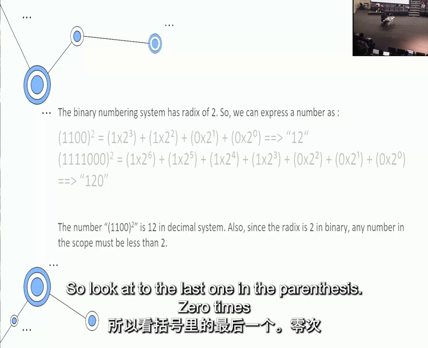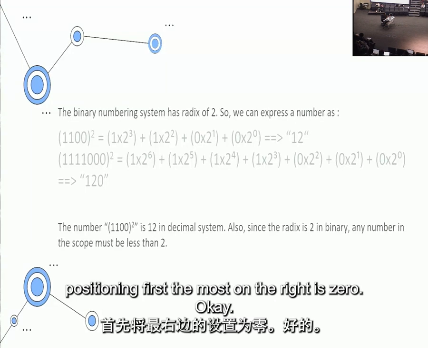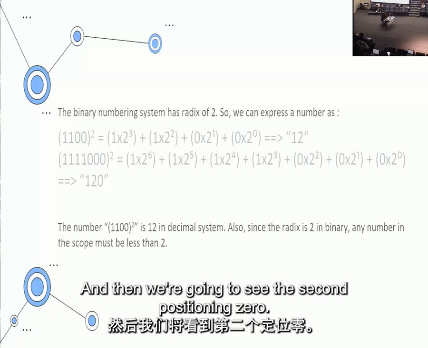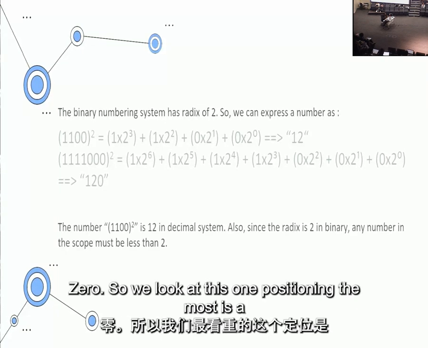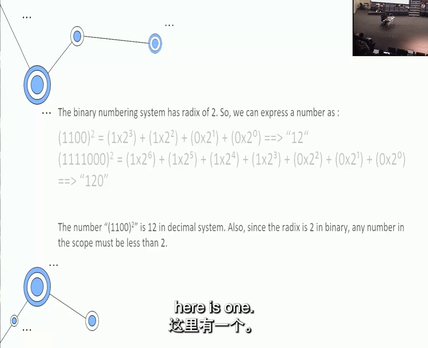So look at the last one in the parenthesis, 0 times 2 to the power of 0, because the positioning of the most right is 0. Then we see the second positioning, 0. So 0 times 2 to the power of 1, because the positioning here is 1.